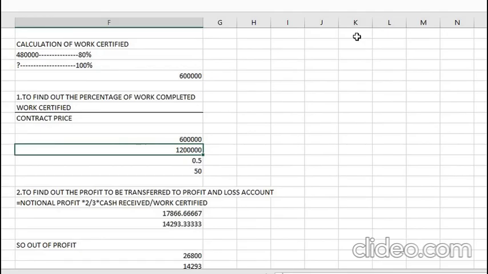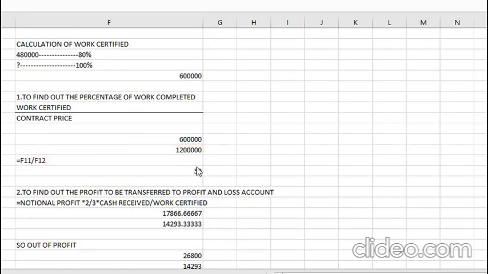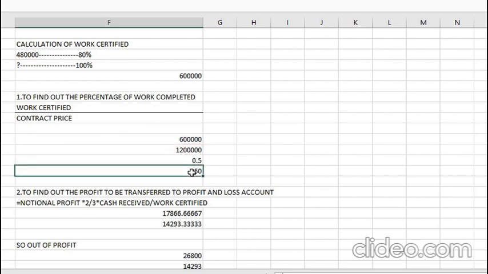So to find out the percentage of work completed, work certified divided by contract price: 6 lakh divided by 12 lakh gives you 0.50, into 100 to find out the percentage, which is 50%. So 50% is the percentage of the work completed.